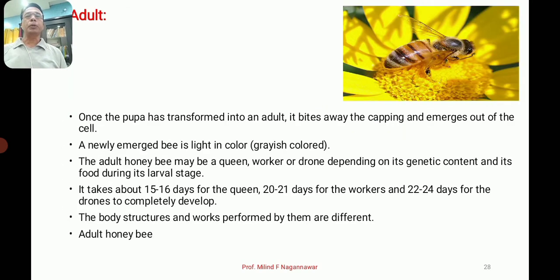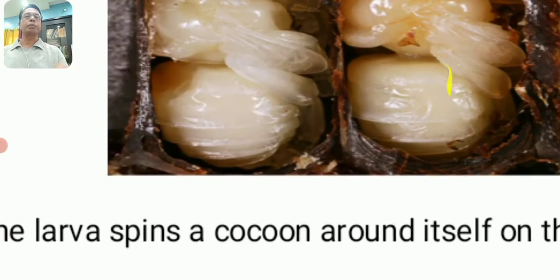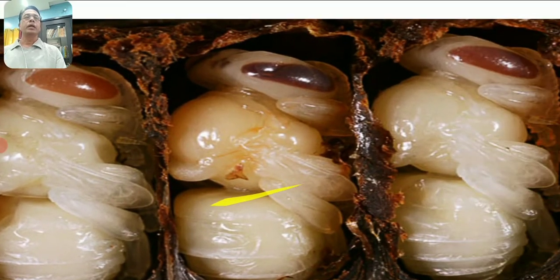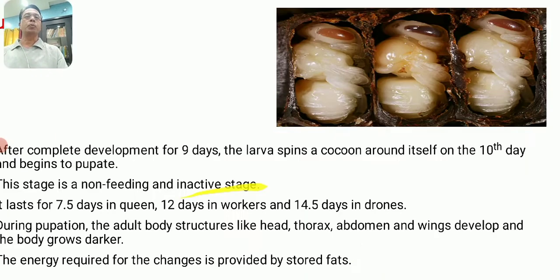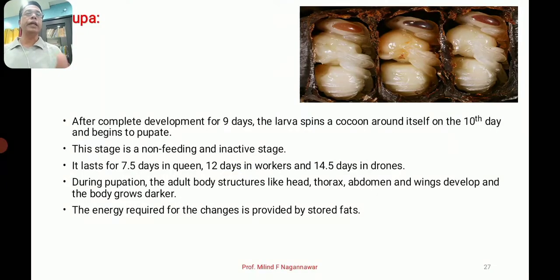That is the pupal stage. See here, these are the pupa. Once they stop feeding, they start spinning a cocoon around themselves and they become pupae.